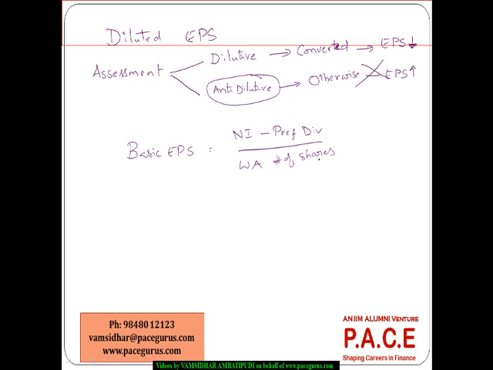Now, if there is a convertible preference stock, a convertible bond, or a stock option, I have to check whether each one of them is dilutive or anti-dilutive. If they are dilutive, I have to make the adjustment to this formula.